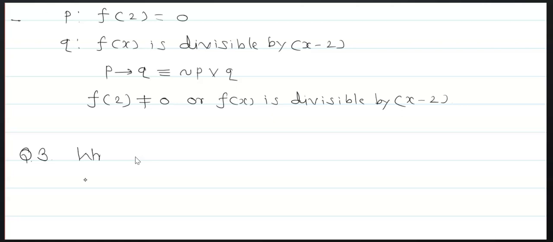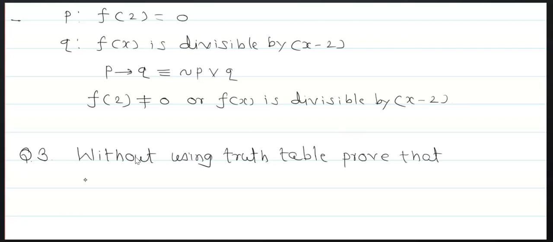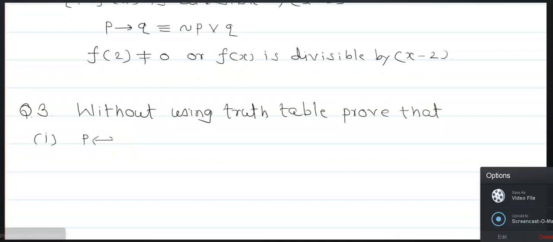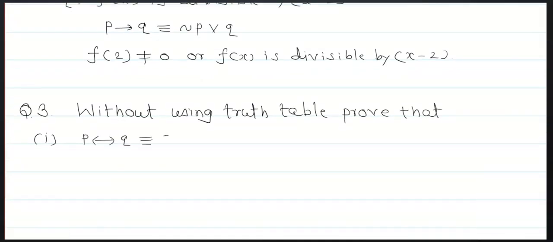Question number 3. Without using truth table, prove that P double implication Q is equivalent to (P and Q) or (negation of P and negation of Q).